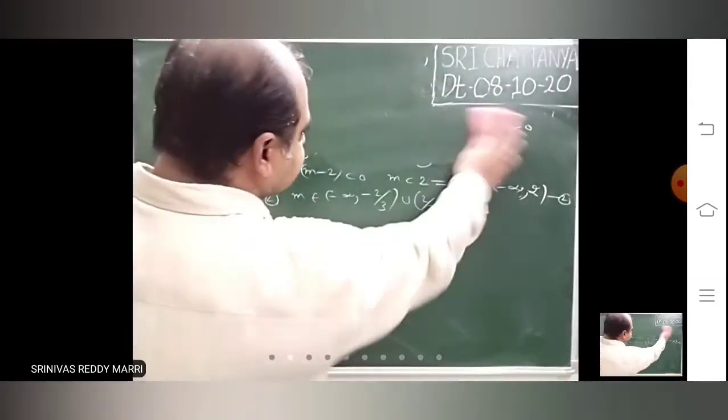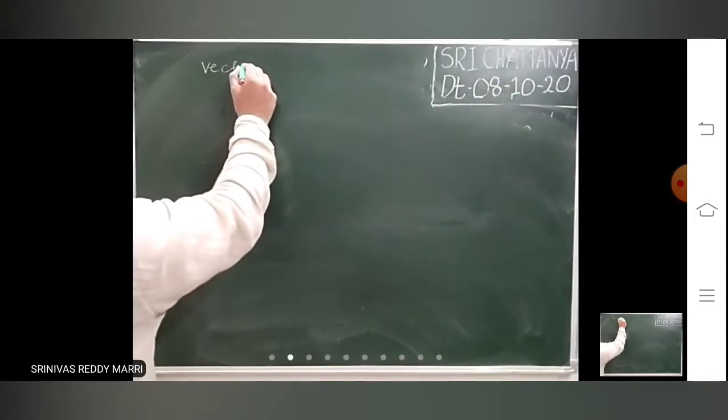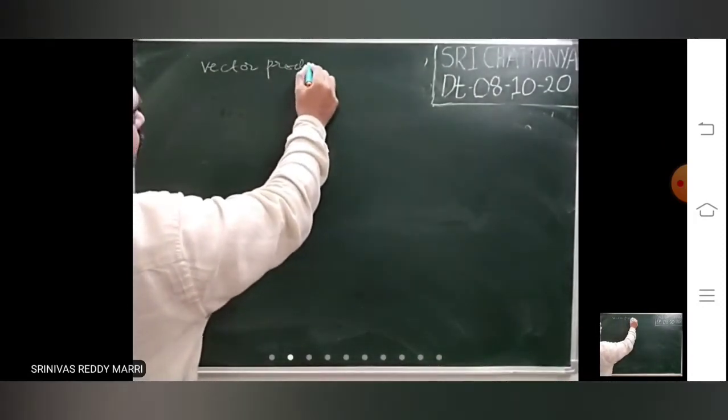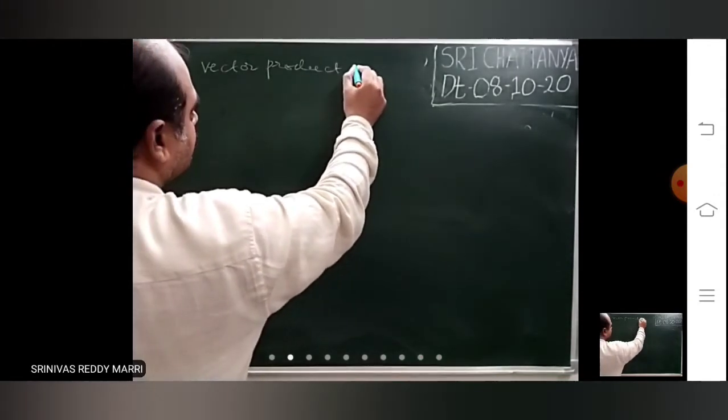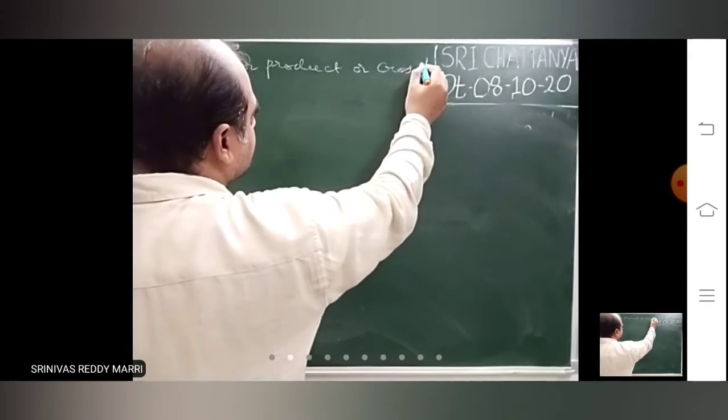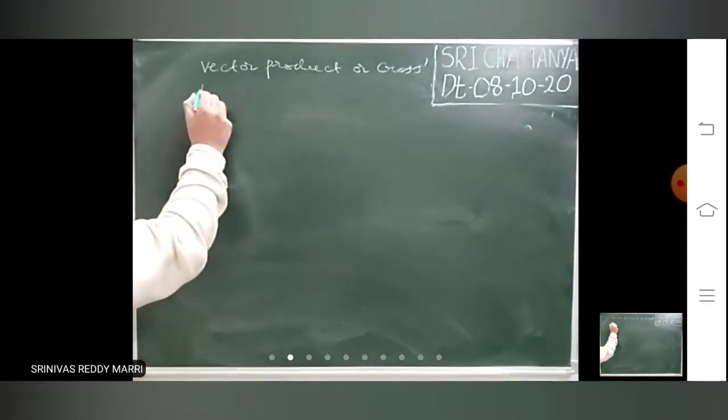Next one, we'll start the next chapter. Next chapter is cross product. Vector product or cross product.